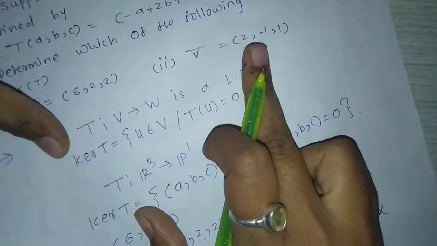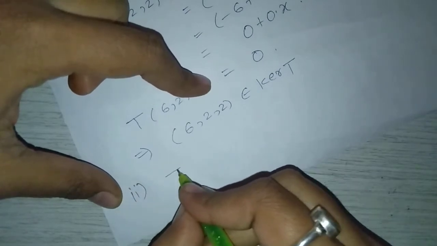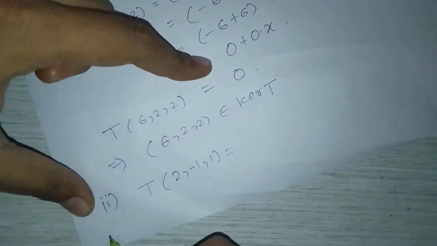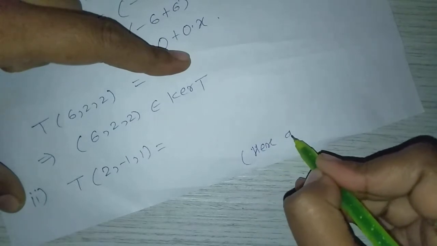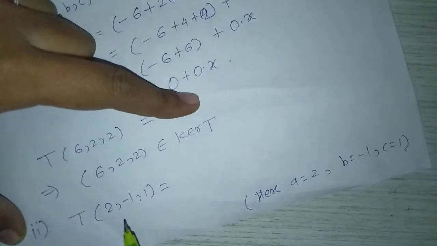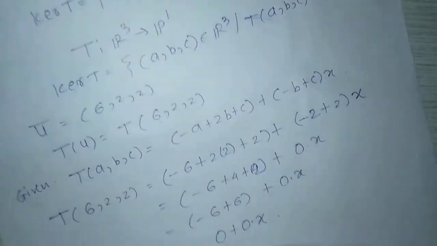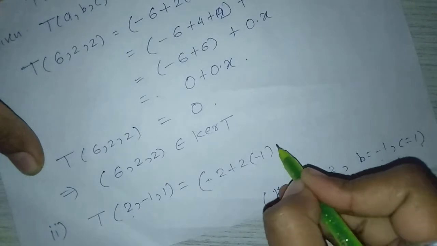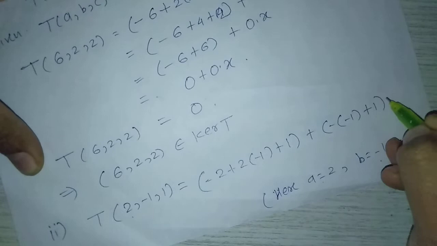Now for the second, find T of (2, −1, 1). Here a equal to 2, b equal to −1, c equal to 1. Now put the values of a, b, c in this equation, T of (a, b, c). Then minus a is minus 2, plus 2 into b, which is −1, plus c, which is 1, plus (−(−1) + 1) into x.